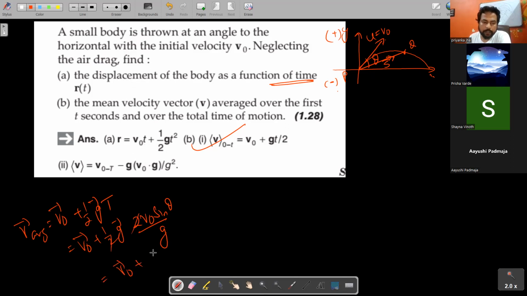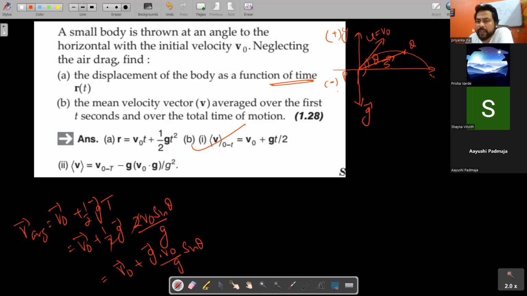V naught plus g into V naught upon g into sine theta. Now do one thing. This is your g and this is your V naught. So g doesn't get cancelled out because it's a vector quantity; we have to give one extra minus sign. Don't worry. This is the initial velocity V naught and this is g.